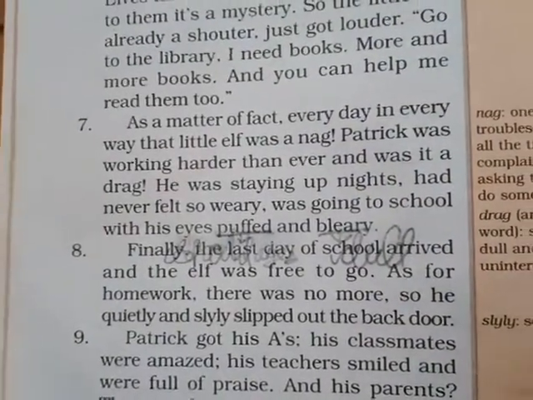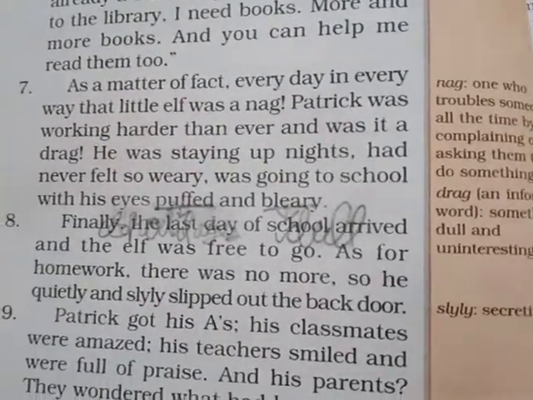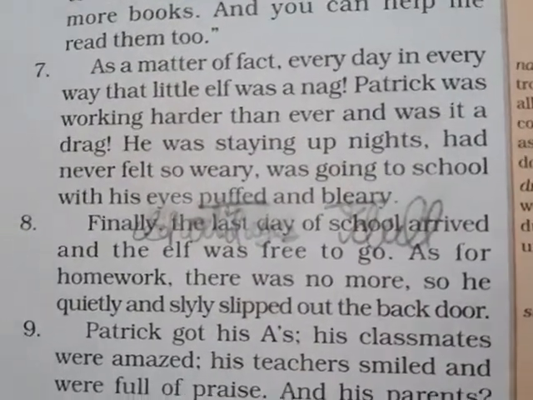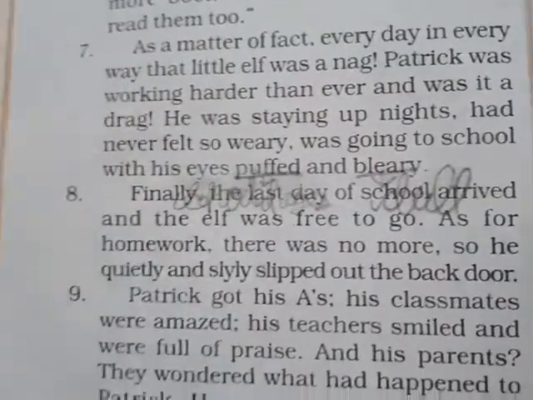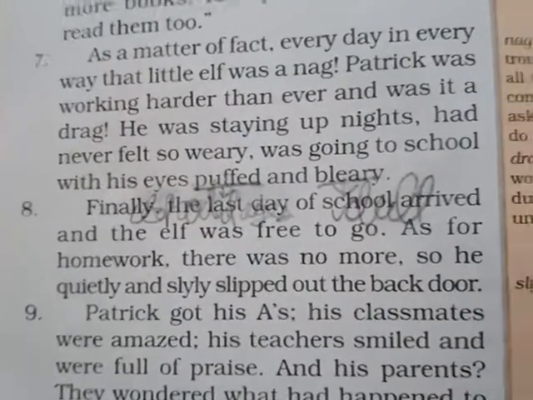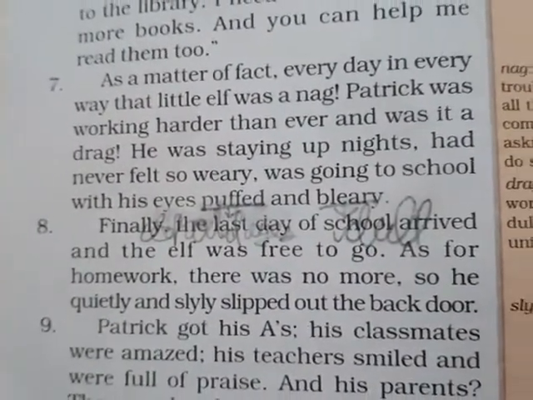So all the time he created some problem for Patrick, and Patrick himself started to study and work hard, and this time he was all sure that he is going to get good marks. He kept studying day and night, so much so that his eyes got weary and puffy.